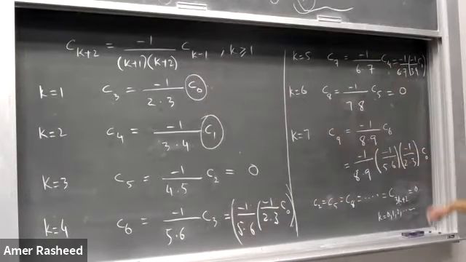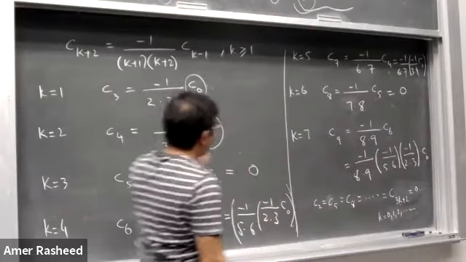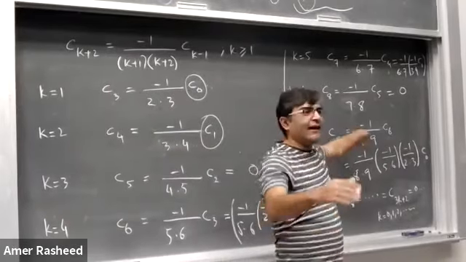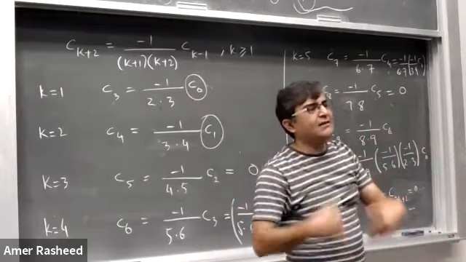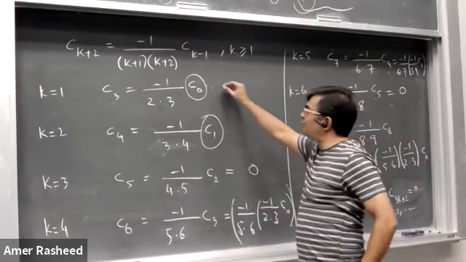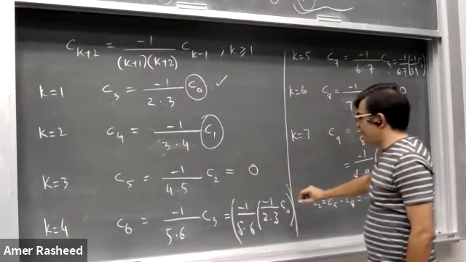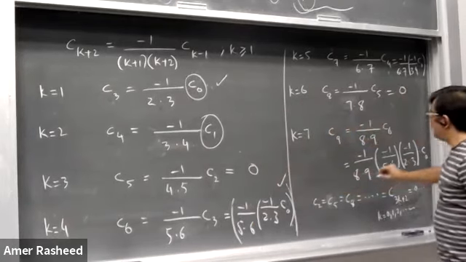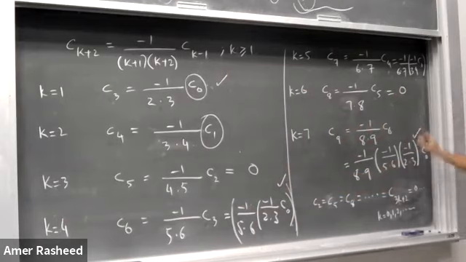So we are going to generalize all the coefficients C3, C6, C9, then C12, then C15, and so on, because all these coefficients contain C0.